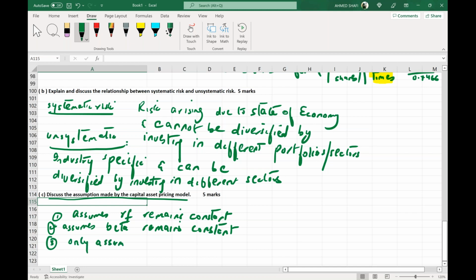It also assumes that the company will be working for the next 1 year. CAPM only bases its calculations on the next year. For future years, it doesn't have anything to work with, because it only focuses its calculations on the next 1 year.